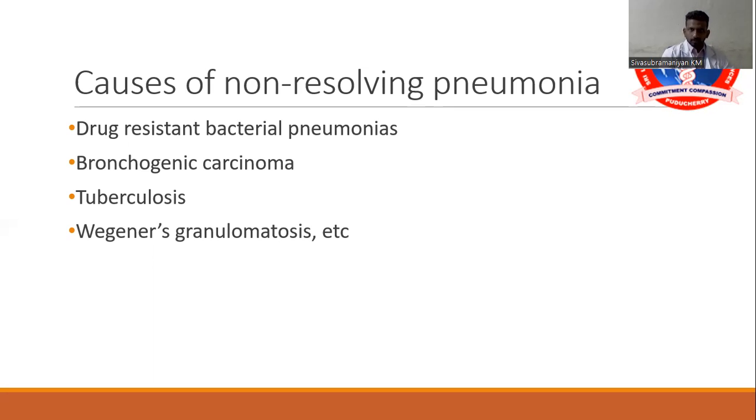And tuberculosis, as we already discussed, is a major cause. Non-infective inflammatory causes like Wegener's granulomatosis or Churg-Strauss syndrome can also present with pulmonary opacities, and because of the inflammation they can be febrile, but it is non-infective. So like Wegener's granulomatosis, they also can cause non-resolving pneumonia.